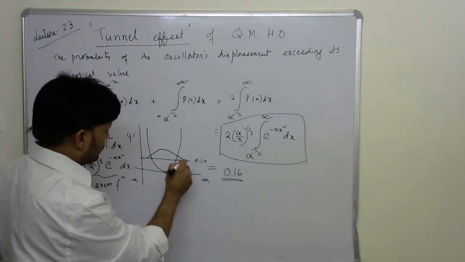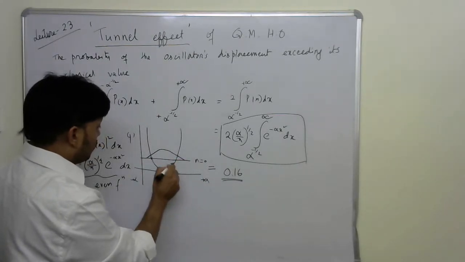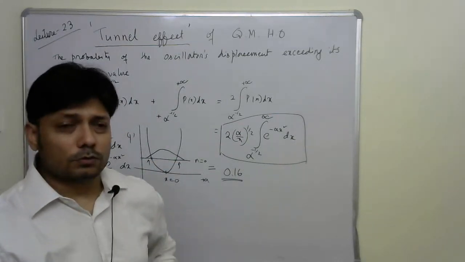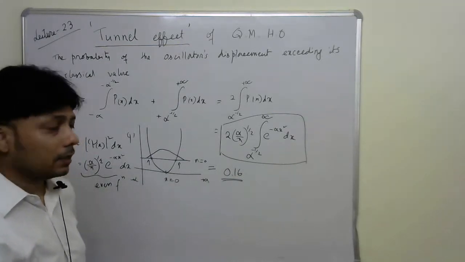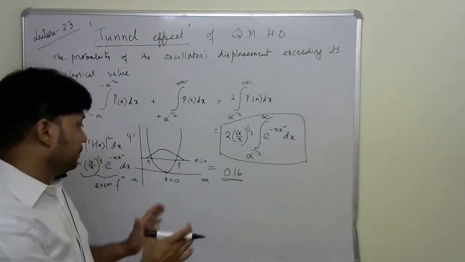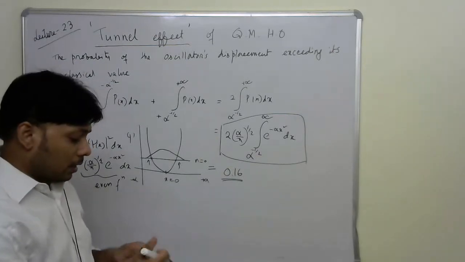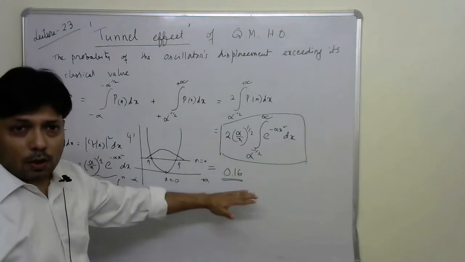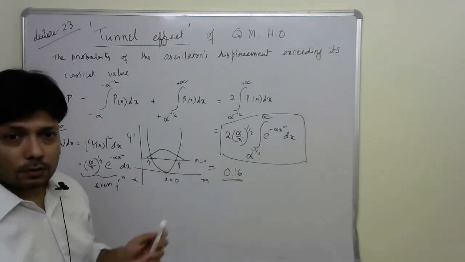You see that this is exceeding beyond these two limits. This makes sense now, because it can be explained in terms of the tunnel effect, and in terms of probability also. You will find a finite probability outside these classically defined limits. Next, let's take a look at what is the practical outcome of this tunnel effect.